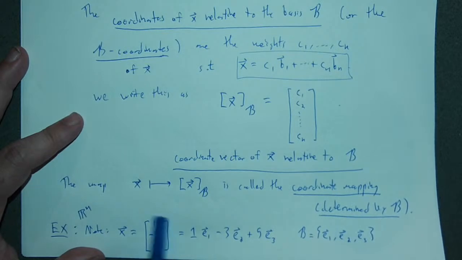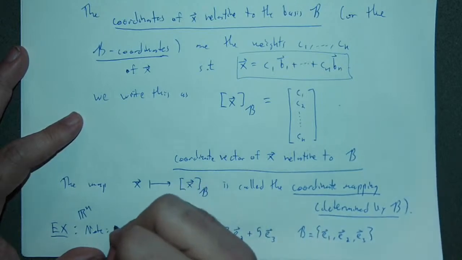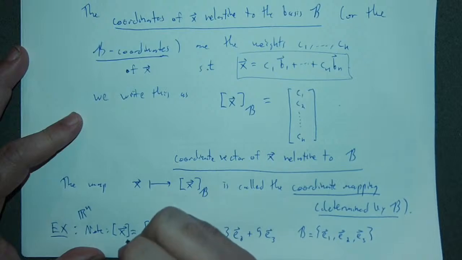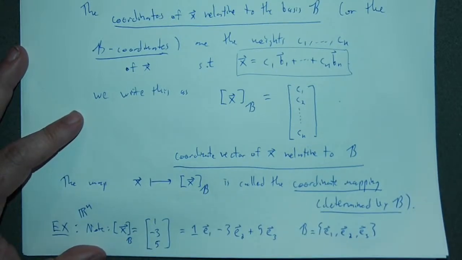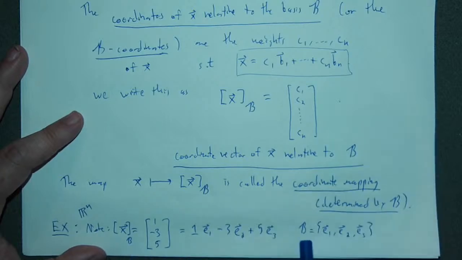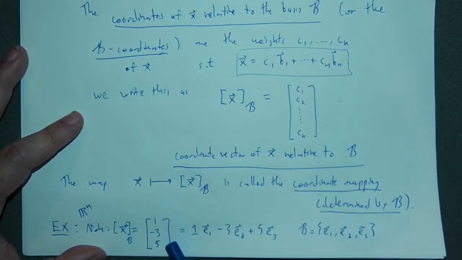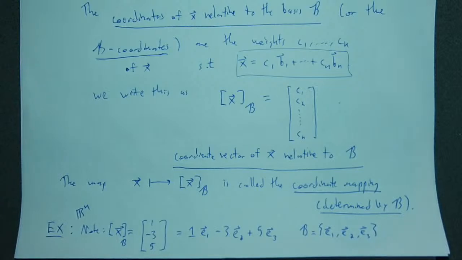then what could this be called? These are the B coordinates. If I slap the B coordinate symbol on x here, the B coordinates of x, where B is the standard basis, are the normal coordinates you've been using all your life. So this is exactly the same thing you've been doing.